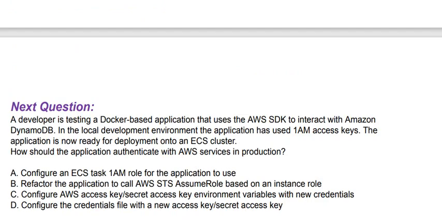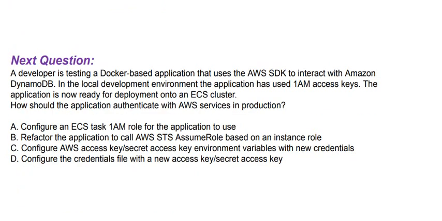Next question is: a developer is testing a Docker-based application that uses the AWS SDK to interact with Amazon DynamoDB. In the local development environment, the application has used IAM access keys. The application is now ready for deployment onto an ECS cluster. How should the application authenticate with AWS services in production? Option A. Configure an ECS task IAM role for the application to use.